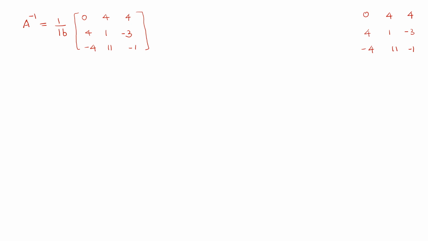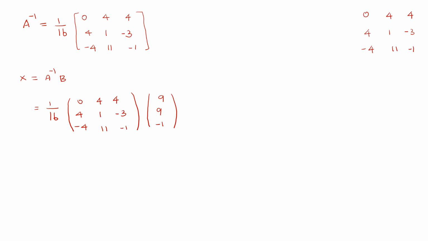But we need the x value, that x equal to the inverse of A into B. So you know the inverse of A, 1 by 16 times this matrix, times we multiply with the B matrix. The B matrix value is taken from the given question: 9, 9 and negative 1.